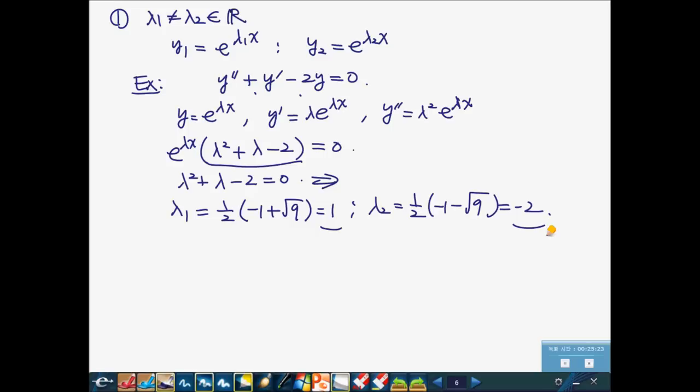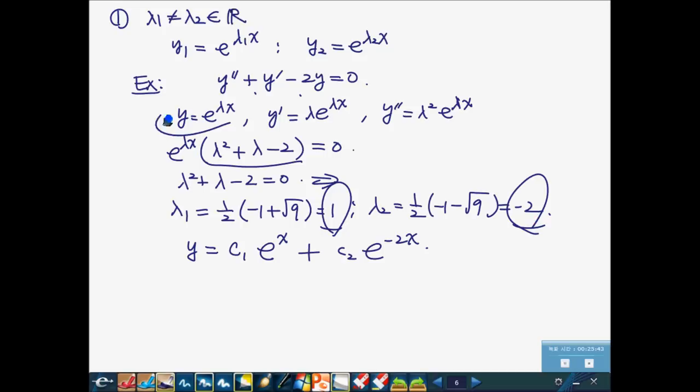Lambda 1 is 1, lambda 2 is minus 2. They are different, and they are real numbers. So your answer will be C1 e to the x plus C2 times e to the minus 2x. You simply plug 1 and minus 2 in here to get y1 and y2.